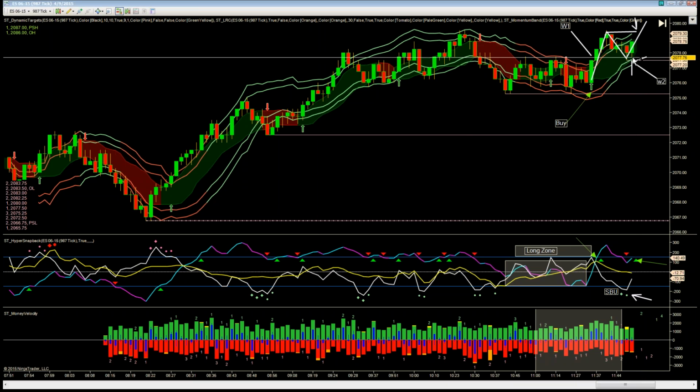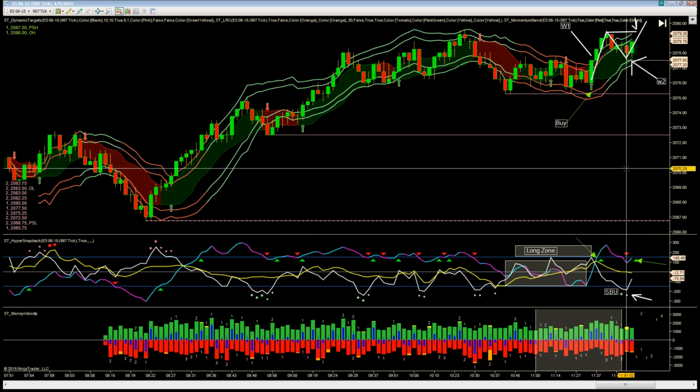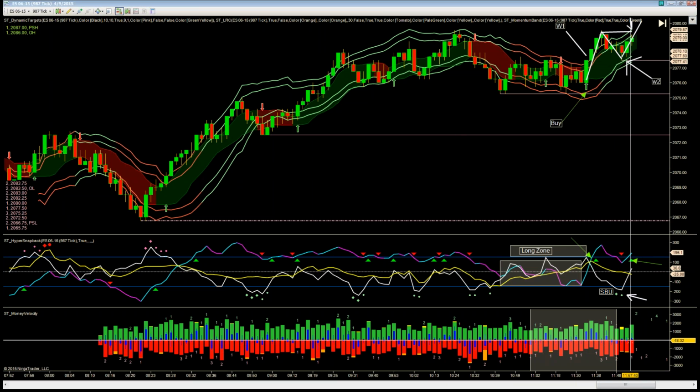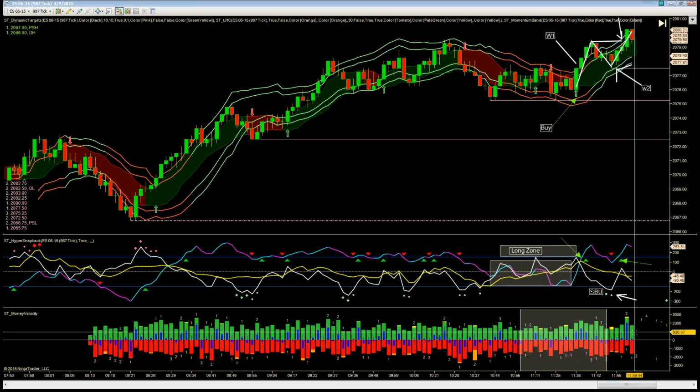So you know what your support and resistance are on the dynamic target lines here, and as it fires off, notice how money is being injected in, and our money velocity amazingly depicts that graphically. Look at that. That too is 80 contracts or more above, and then it starts to take off.